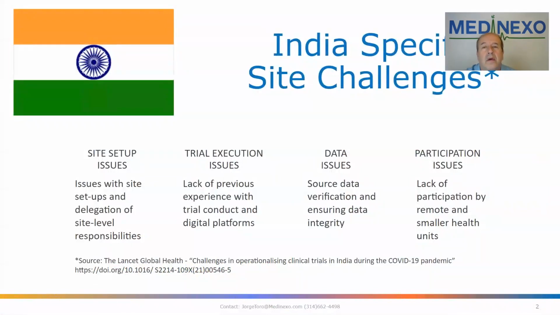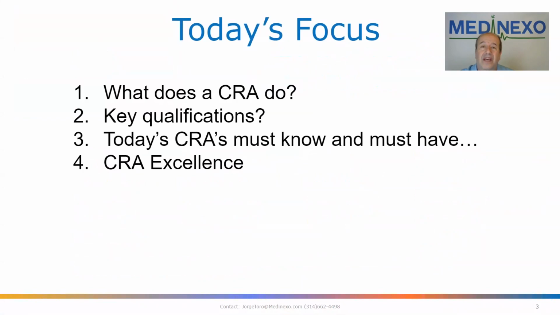In India, there are specific conditions for that, and we are fully aware of them, but we're going to focus today specifically on what does a CRA do? What are the key qualifications when you're hiring a CRA? What must today's CRA know and have? And what does it take to have excellence as a CRA? So let's just get started with that.